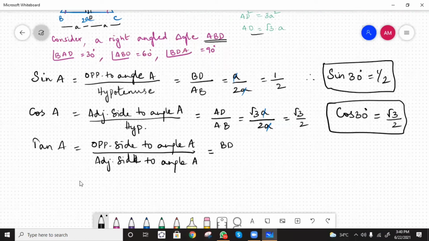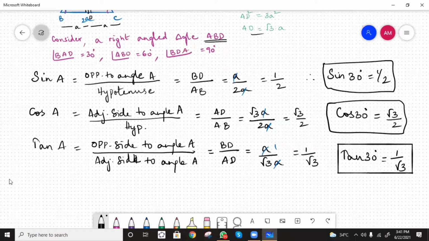BD. What is the adjacent side? AD. What is BD? A. What is AD? Root 3 A. So A and A get cancelled. We have 1 by root 3. Therefore, tan 30 is equal to 1 by root 3.